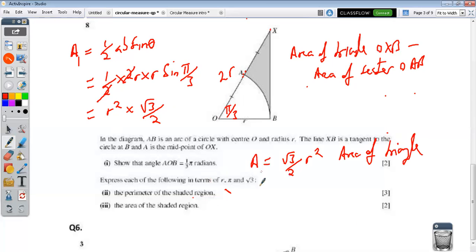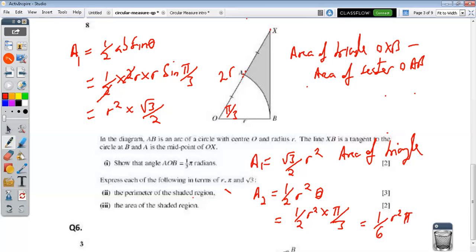Now, the triangle I called A1, so A2, area of sector, is given by half r squared theta. So in this case, it's half, radius is r squared, the angle is pi over 3. So now if you multiply that, the area gives you 1 over 6 r squared pi.